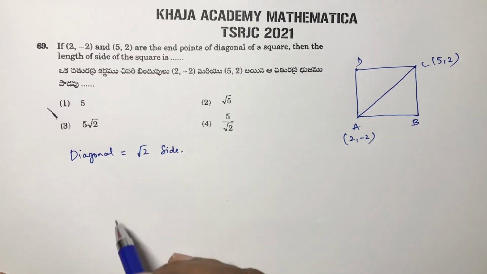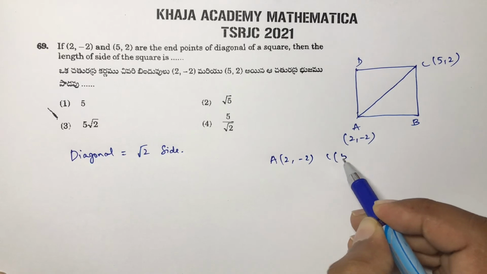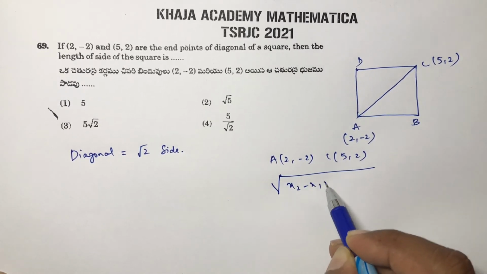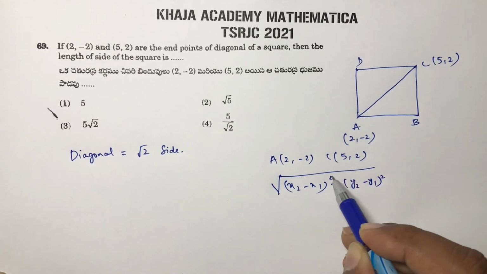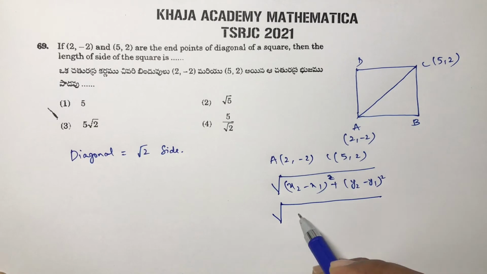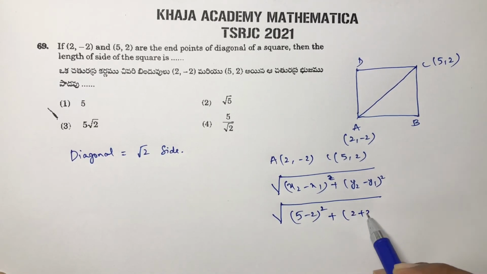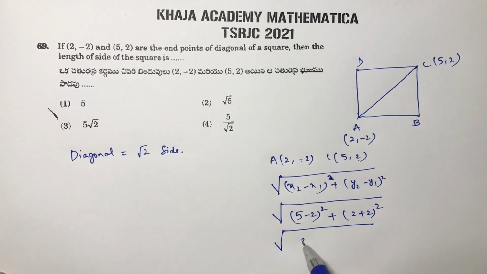So AC, distance formula: under root, x2 minus x1 whole square plus y2 minus y1 whole square. If we substitute the values, 5 minus 2 whole square, 2 plus 2 whole square, because 2 minus of minus 2 is plus 2. So this is 3 square, this is 4 square.